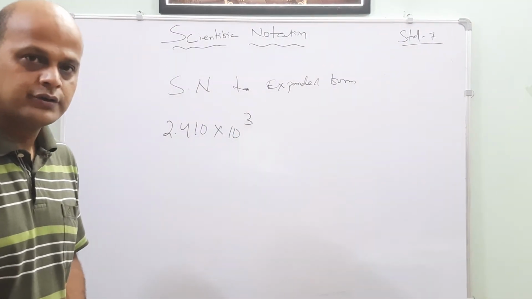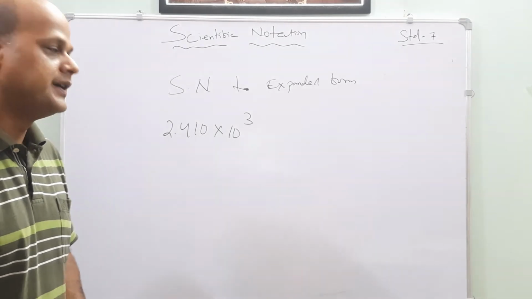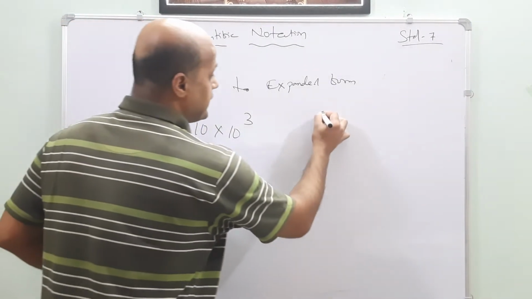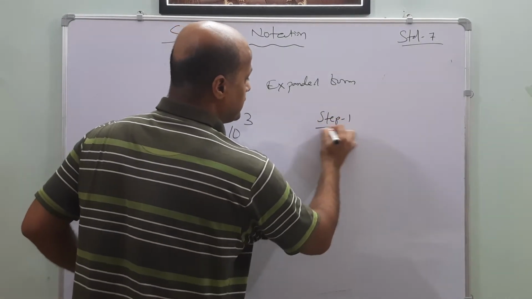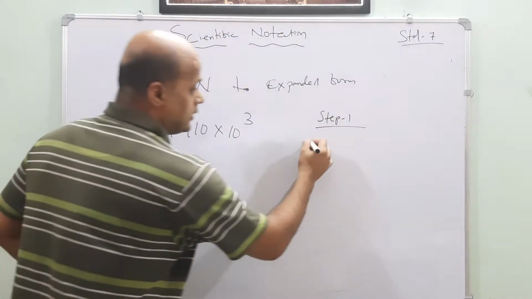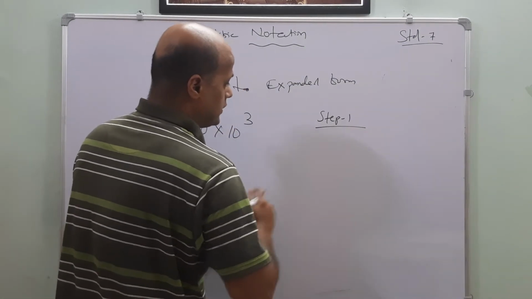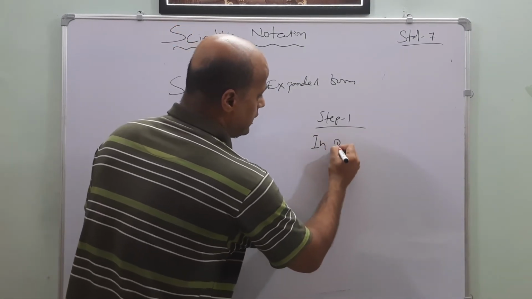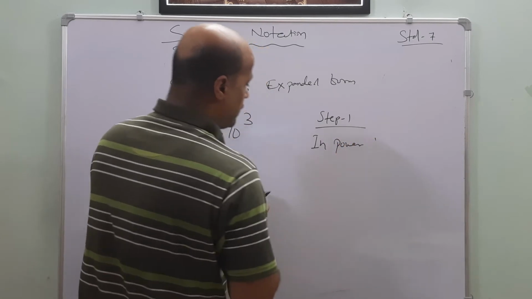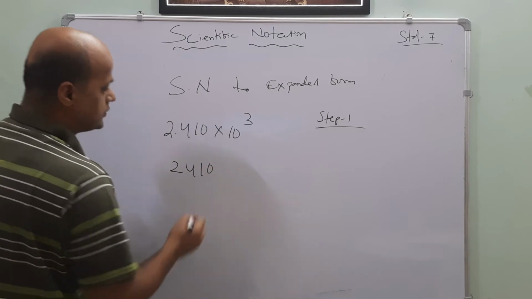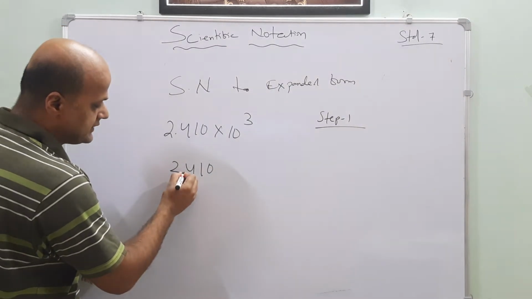What do you have to do? Tell me. First of all, what do you have to do? Step 1, in power, or you can say write the digits first, 2410 first, because the decimal is here.